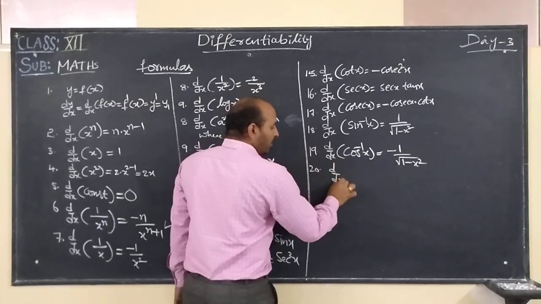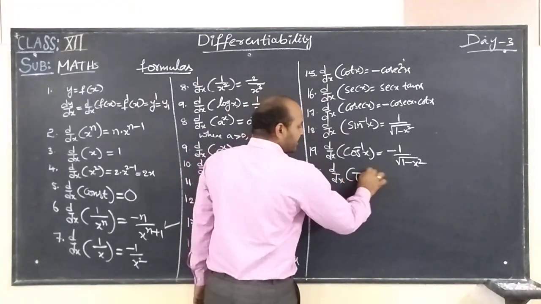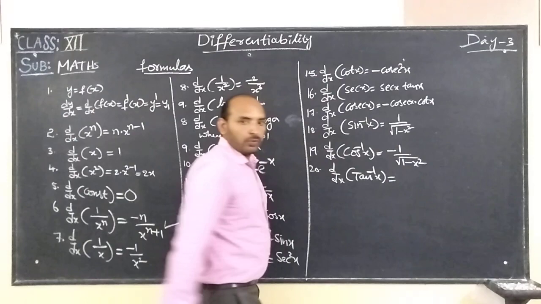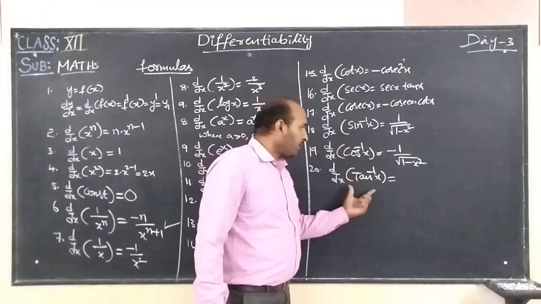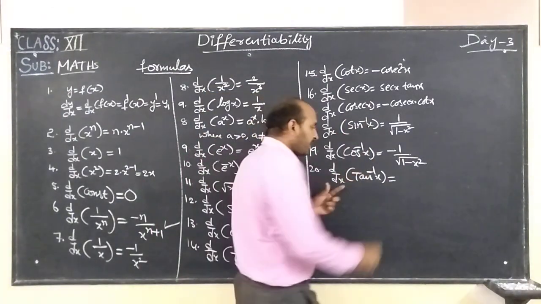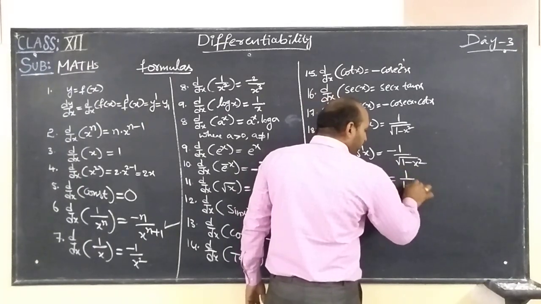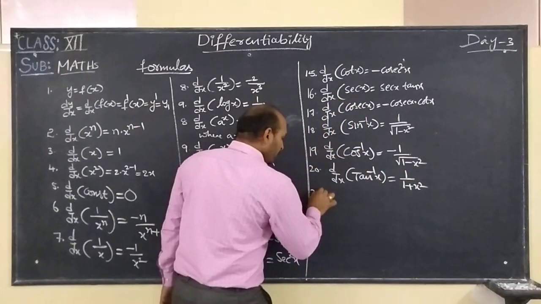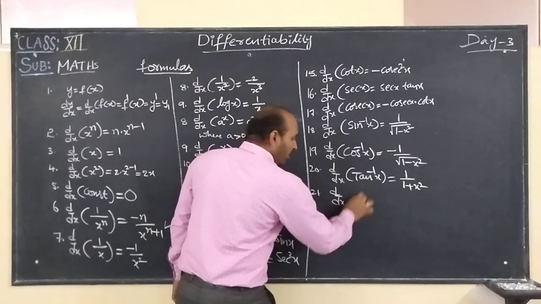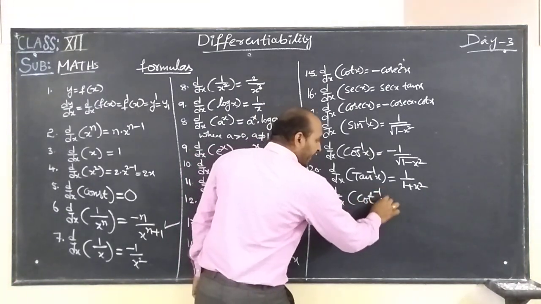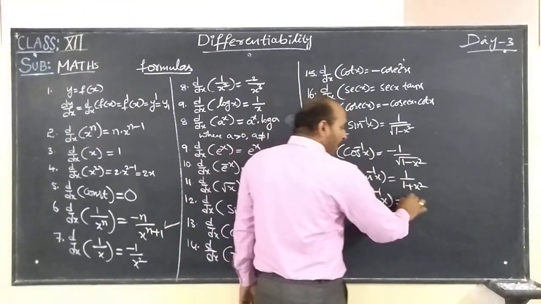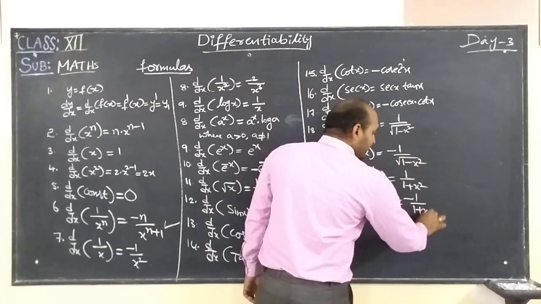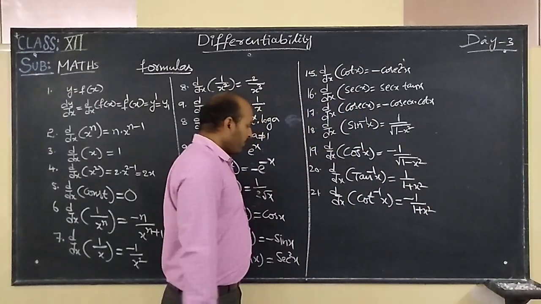D by dx of tan inverse x is equal to 1 by 1 plus x square. Next, d by dx of cot inverse x is equal to minus 1 by 1 plus x square.